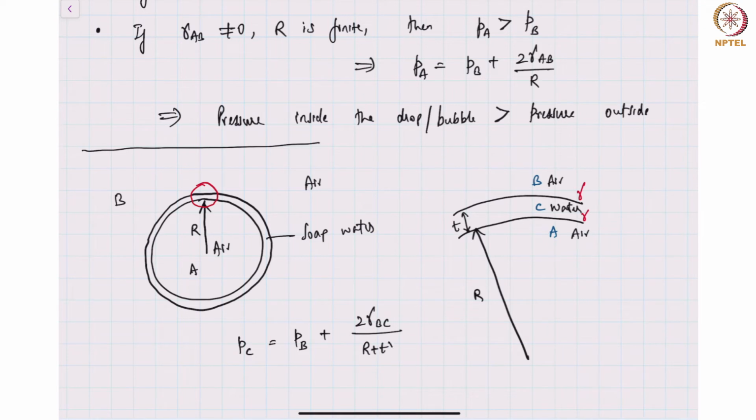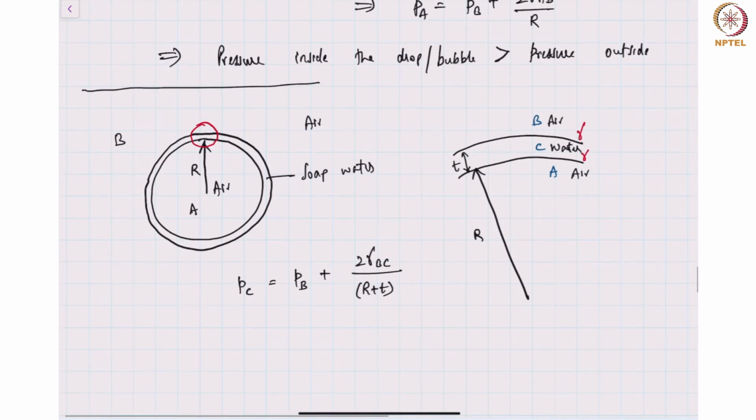Radius would be R plus T. But if you say that T is very, very small compared to R, then PC is approximately PB plus 2 gamma by R. I have removed the subscript BC because this is just surface tension gamma, and it's the same whether you're looking at an interface between fluids B and C or between fluids A and C.